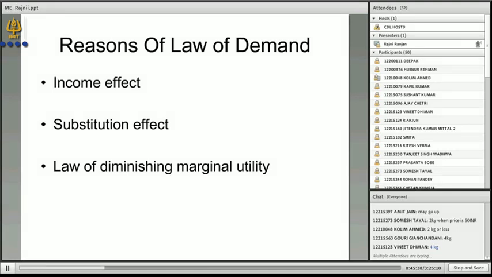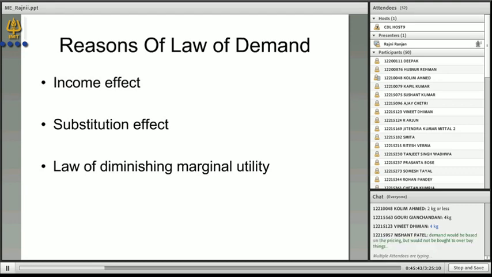What is happening as a phenomenon is that when the price of a commodity like this apple comes down, when it was 50 rupees I was buying only 2 kgs, but when it is 25 rupees, after spending 50 rupees on 2 kgs, I am still left with some disposable income in hand, which I can further use to purchase that particular item.